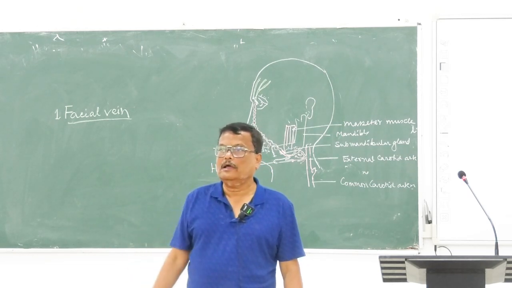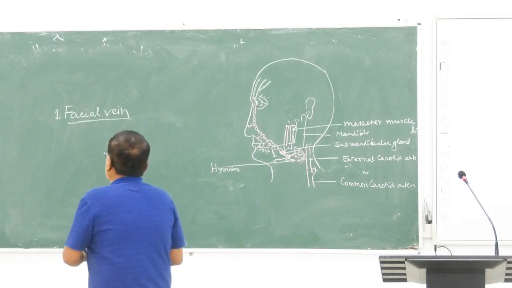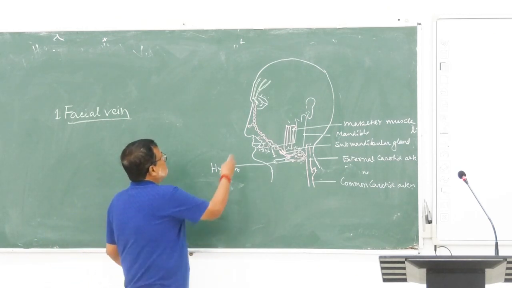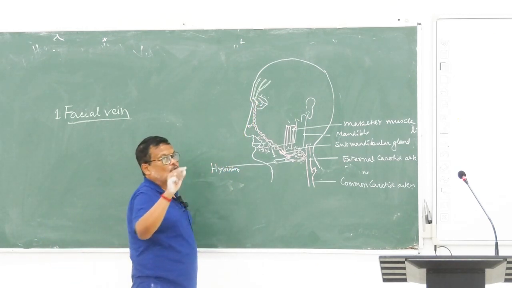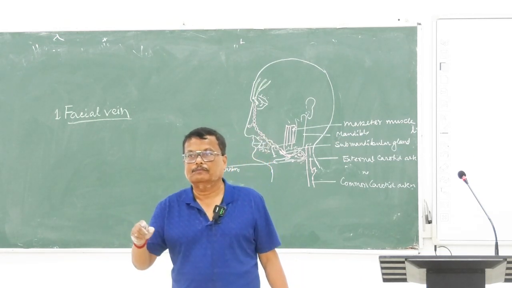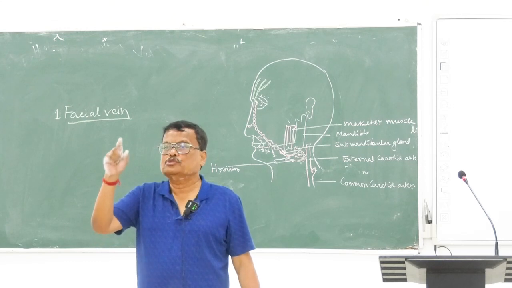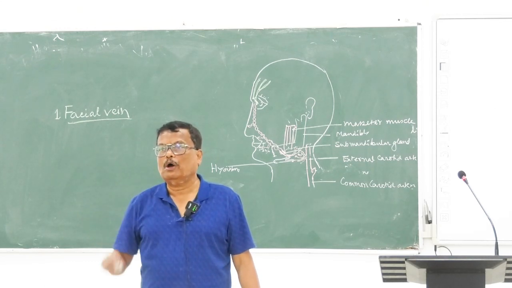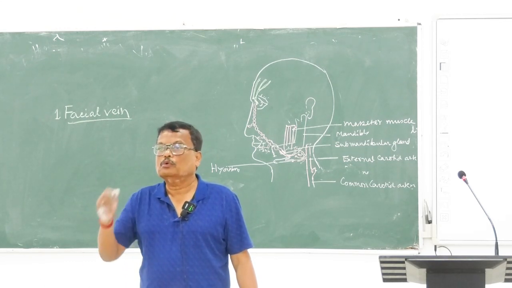So supratrochlear vein, আমরা একটা বলেছি, এই facial artery here ends not only by dorsal nasal artery but it divides into supratrochlear and supraorbital artery at the medial angle of the eye. আচ্ছা, supratrochlear and supraorbital vein কোথায় থাকে?